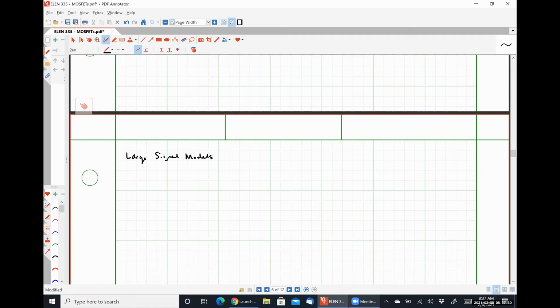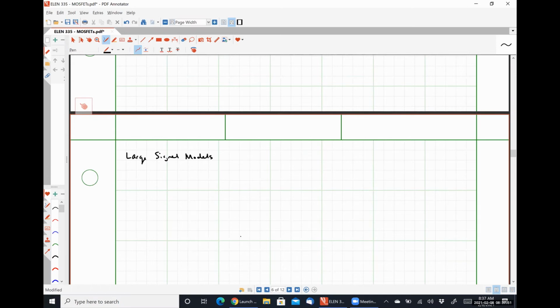Let's start with the one that we would likely use the most, our saturation model. We're going to have 3 different models depending on our conditions.